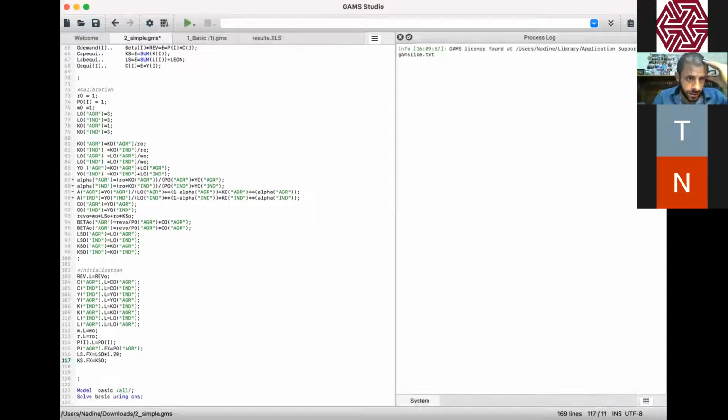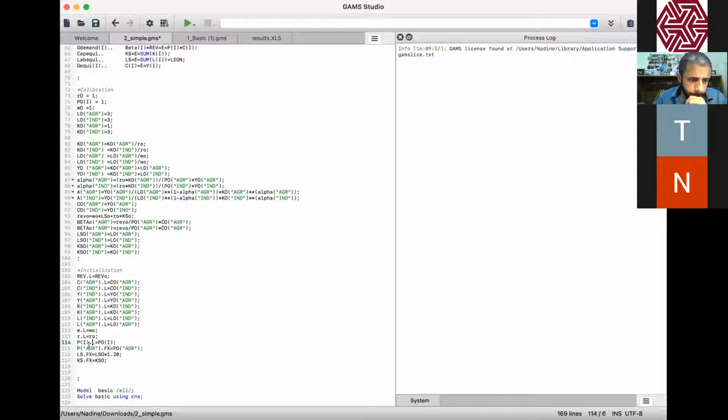So that's the initialization part. There is an error because in general we put the bracket after the L. Go to line 114, please.